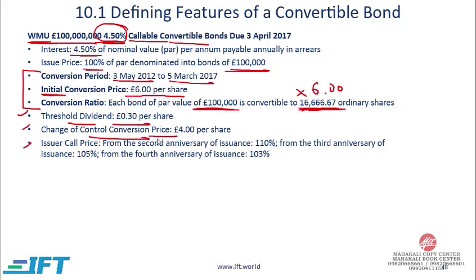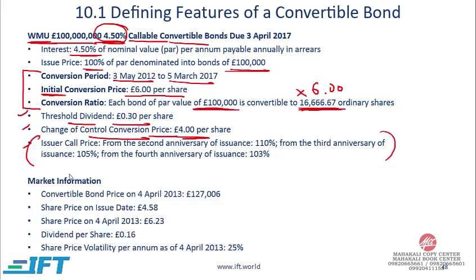This says that if the company is acquired by somebody else, then perhaps the bondholders will not be as comfortable holding the bonds of the other company. Then the way the bondholders benefit is, rather than having a conversion price of 6 per share, the conversion price will come down to 4 per share. And then the last bullet has to do with the embedded call option.